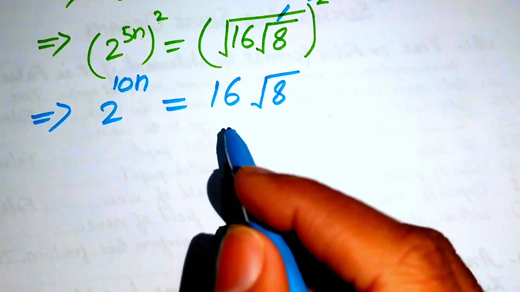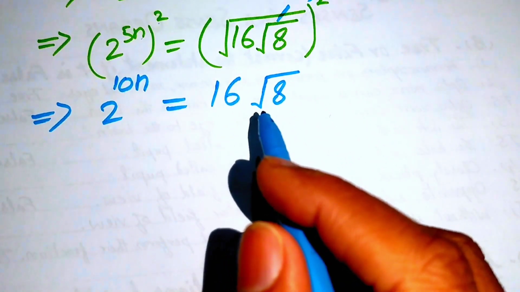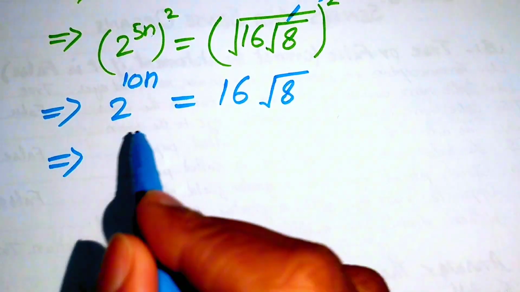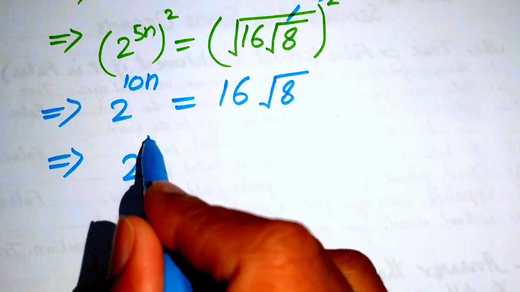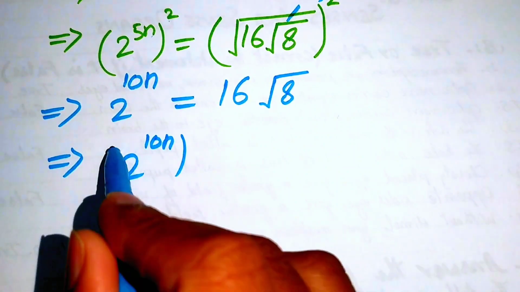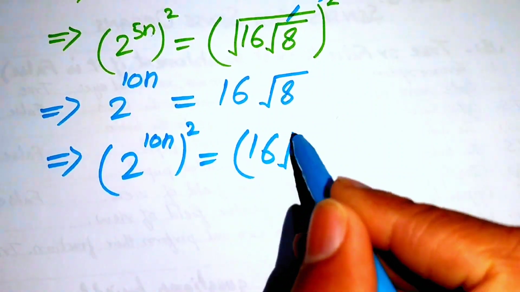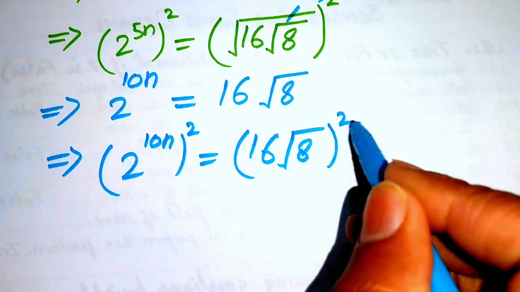And now you see that we have again square root of 8, so now we eliminate this square root, and in order to eliminate this square root we need to take the square on both of the sides, so that we will get its output in this form.